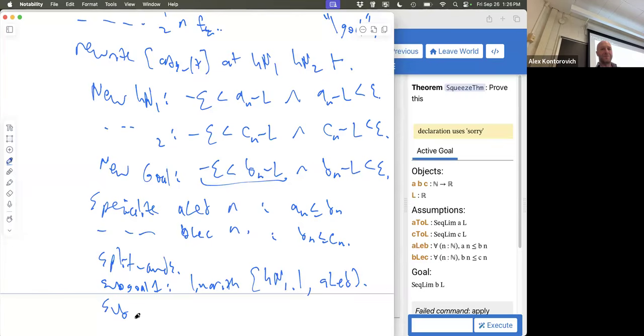And sub-goal 2 is linarith with HN2.2. The fact that C is less than L plus epsilon will tell us that B is less than L plus epsilon, because C is an upper bound for B. Together with B less than C.